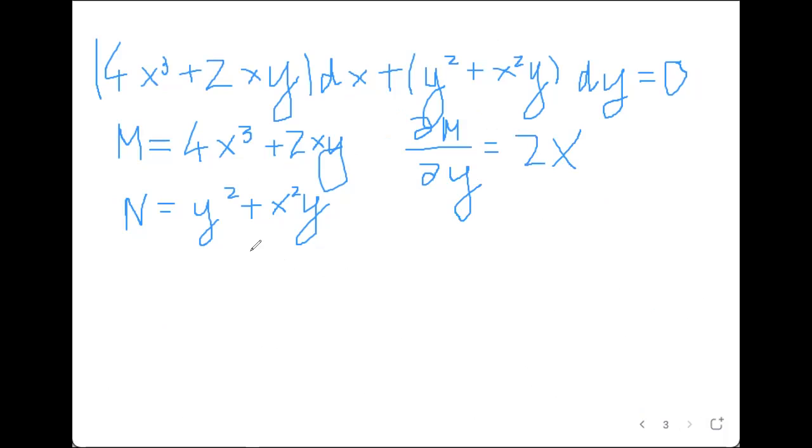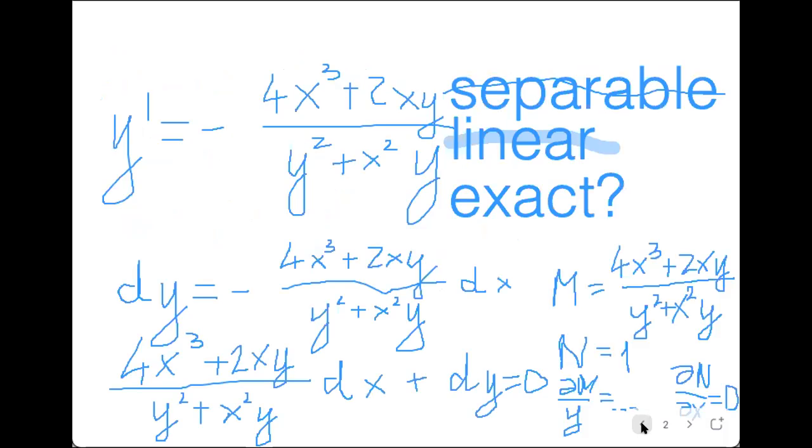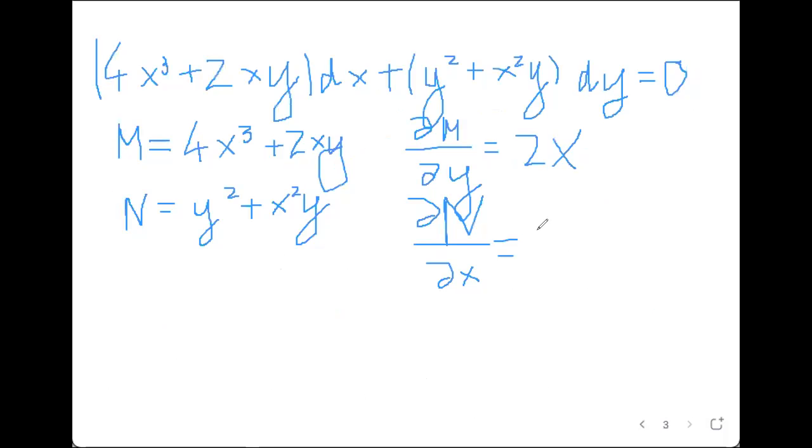So partial n over partial x. Let's see, I thought I had wanted this to be an example of an exact equation, but maybe we need to multiply it by something to make it exact.